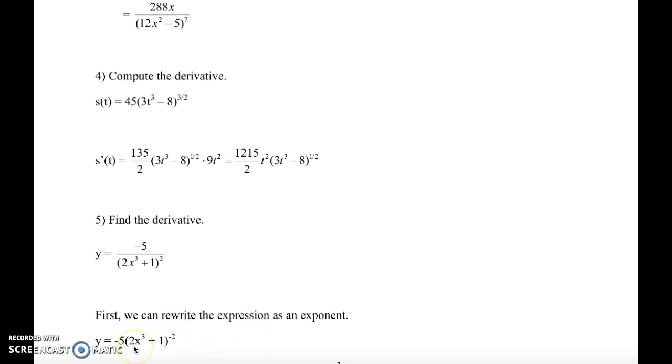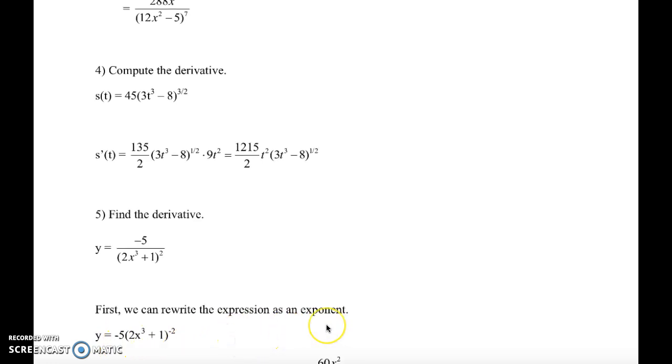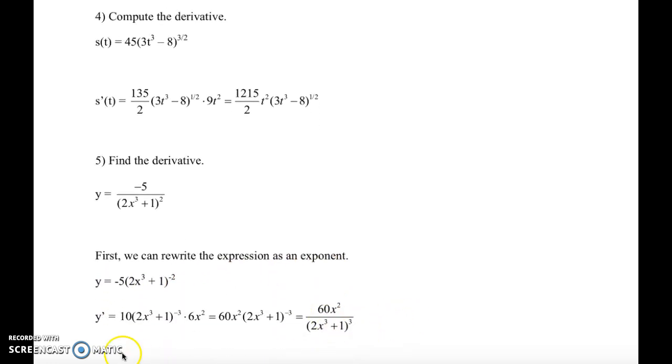And again, we're going to consider our g of x to be our 2x cubed plus 1, and our f of x to be negative 5x to the negative 2. We put that all together. Again, our negative exponent and our negative number become positive. And we got to subtract 1 from our exponent. It becomes negative 3. And our g of x goes on the inside, which is 2x cubed plus 1.